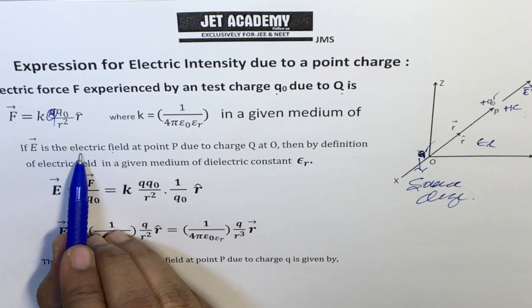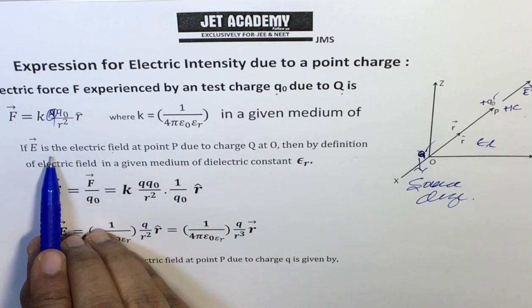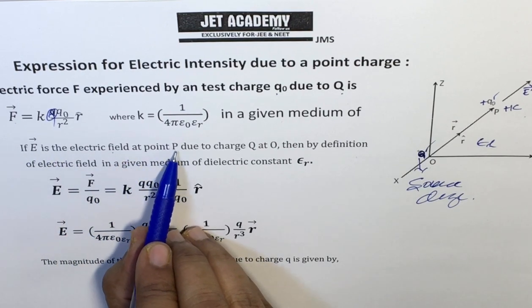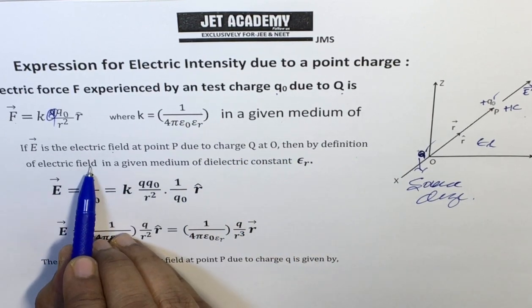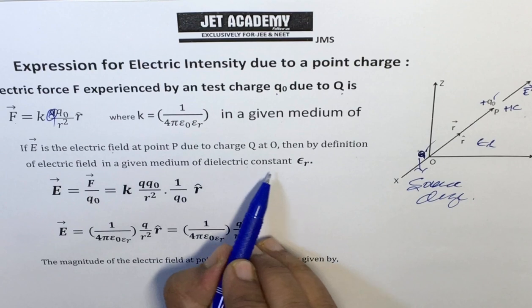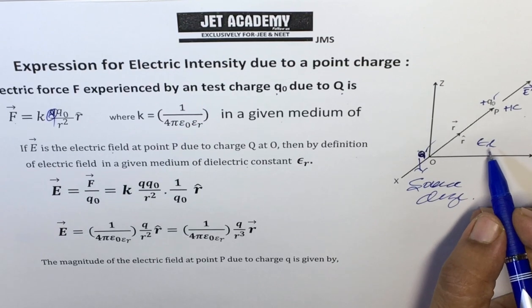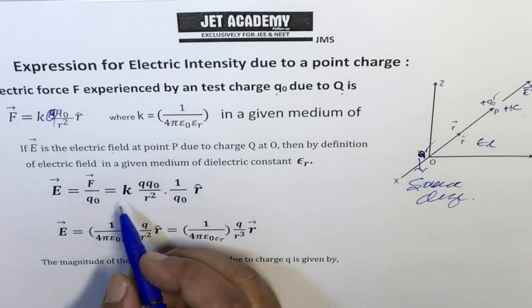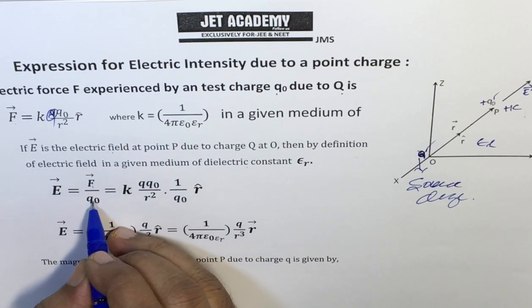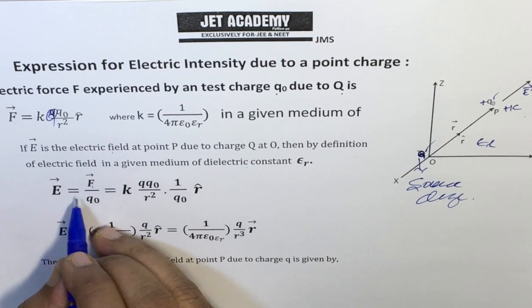If electric intensity is the electric field at the point P, the E vector is the electric field at point P due to charge Q at O, then by the definition of electric field in a given medium of dielectric constant epsilon r. Here I have not changed the medium to air, vacuum, or anything, it is any medium. Then any medium has a dielectric constant epsilon r. In the generalized equation, E is equal to F by Q naught, by the definition of electric intensity or electric field, the magnitude.